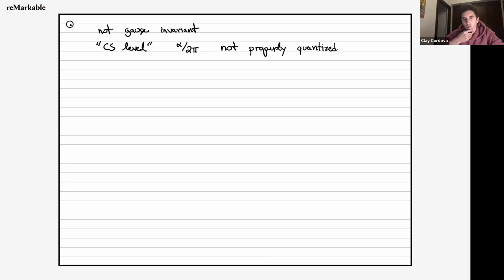So what to do? One thing you could say is, well, I know how to quantize the Chern-Simons level. If alpha over 2 pi, this level, was an integer, that would be allowed. Indeed it is allowed, but unfortunately it is trivial.